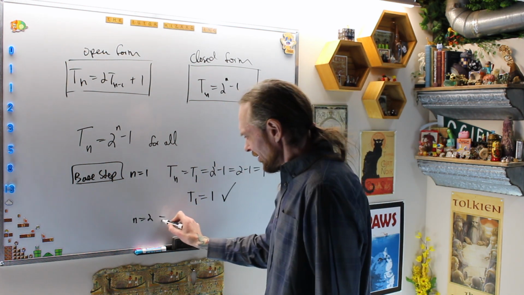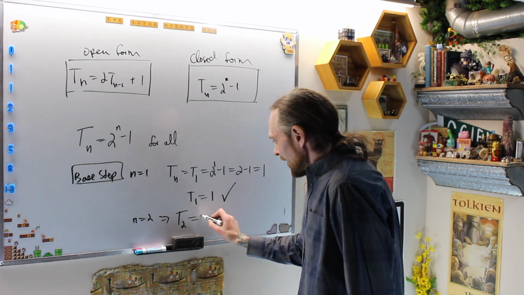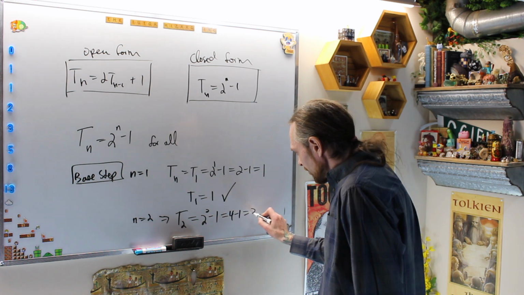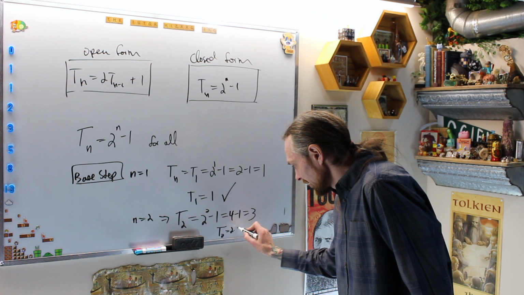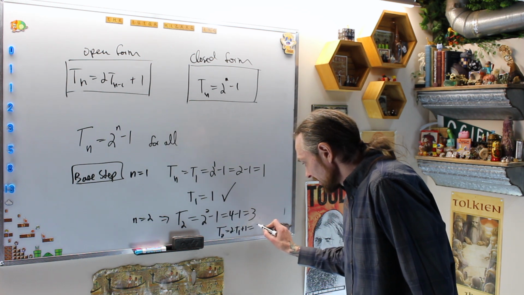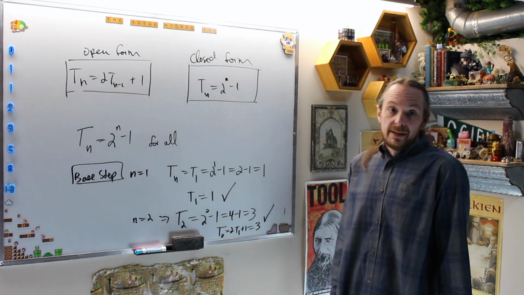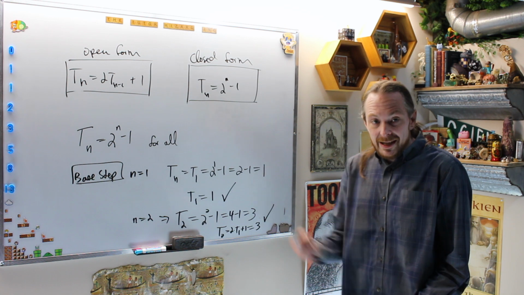T_2, we claim, is 2 to the 2 minus 1, which is 4 minus 1, which is 3, and even using our recurrence relation, we found that T_2 had to be 2 times T_1 plus 1, which is 2 times 1 plus 1, which is 3. Check, it worked for n equals 1 and n equals 2. You have to make sure it works for at least one starting point.